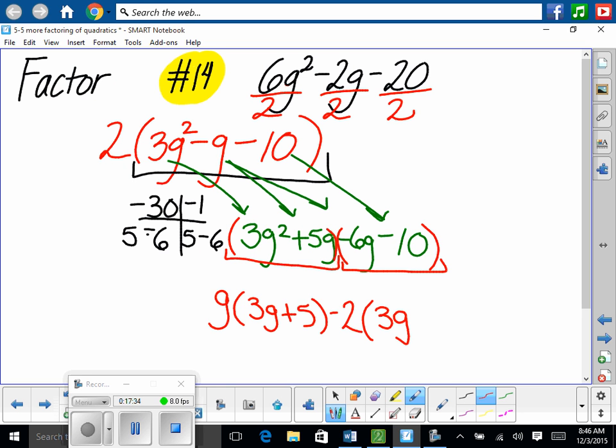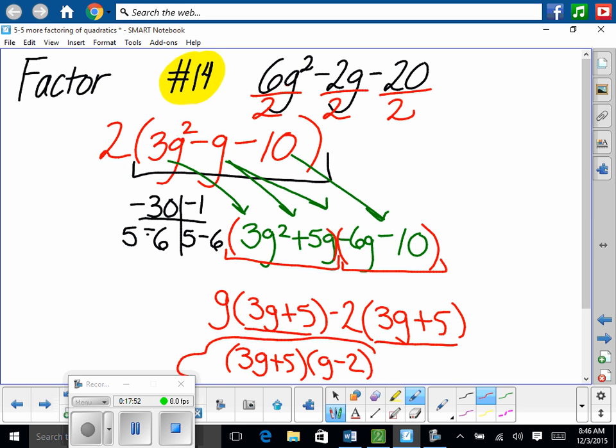Negative 10 divided by negative 2 is plus 5. Check your safe haven. Safe haven, it's the same. So factor it out. 3g plus 5. And then g minus 2 is left, right? Now don't forget, in the beginning we had a 2 factored out, right? So we got to put that 2 with our answer. That is factored completely now.